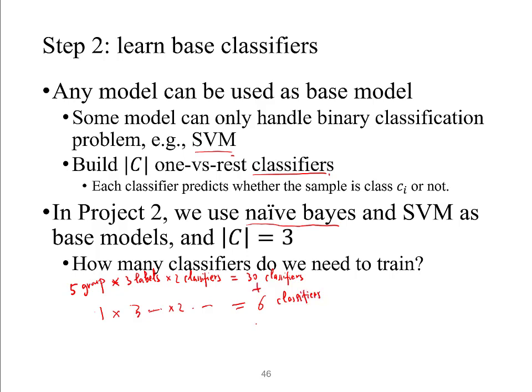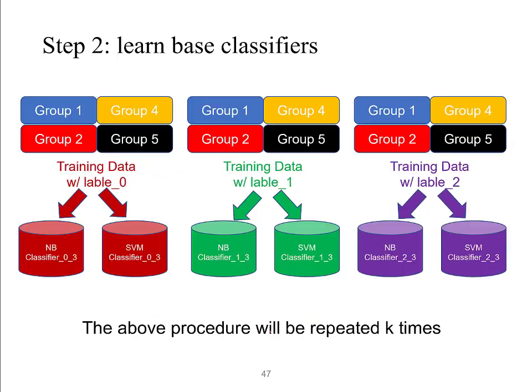So in total, we would have 36 base classifiers to train. Now let's look at exactly what we should use as the training data when we train these different base classifiers.